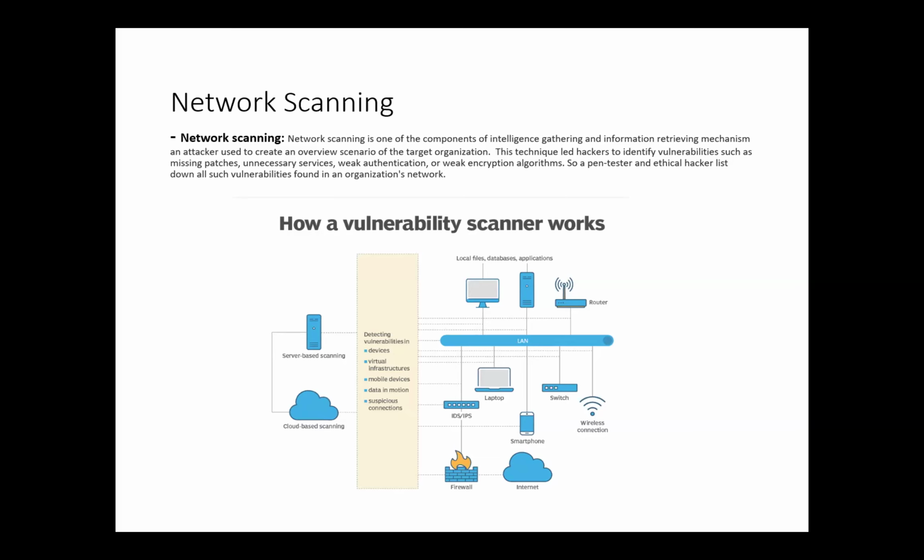Some organizations also use IBM Cloud and Oracle Cloud, so those also get scanned. We scan and detect vulnerabilities in devices, virtual infrastructure, mobile devices, data in motion, and suspicious connections. All the devices connected in your network get scanned. This is how your vulnerability scanner works.